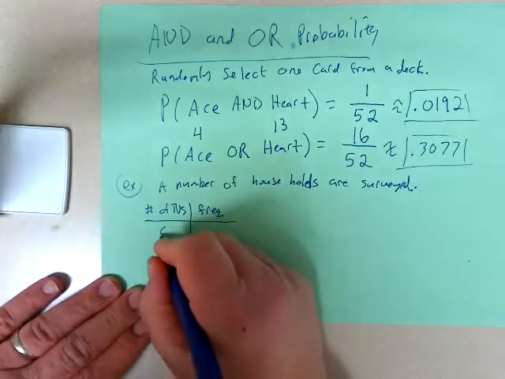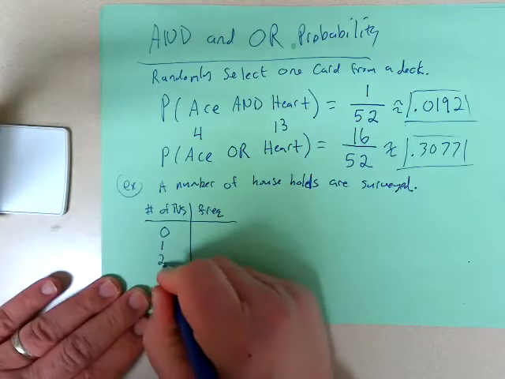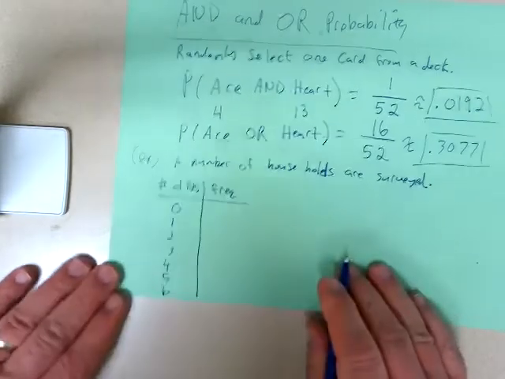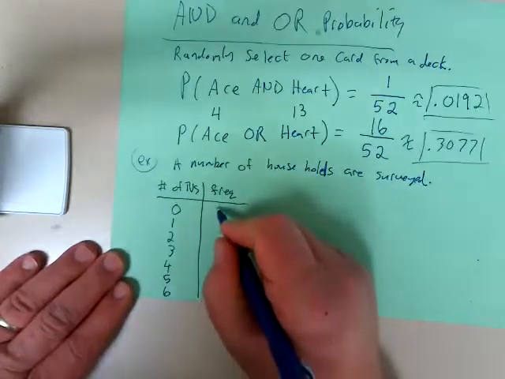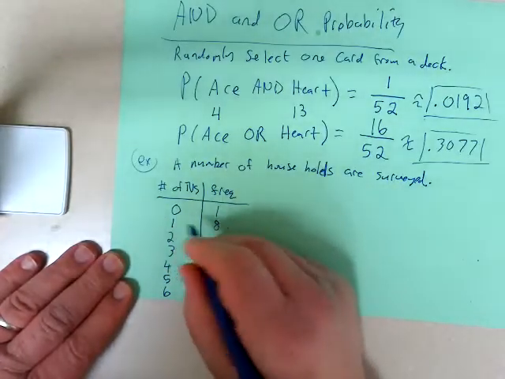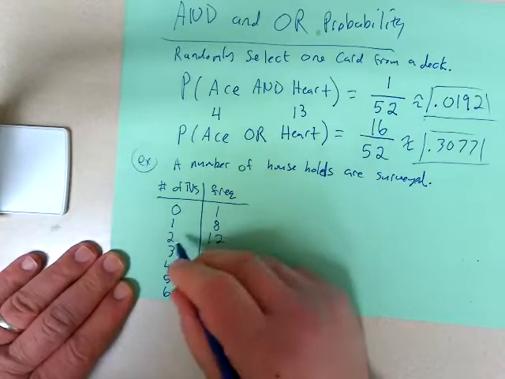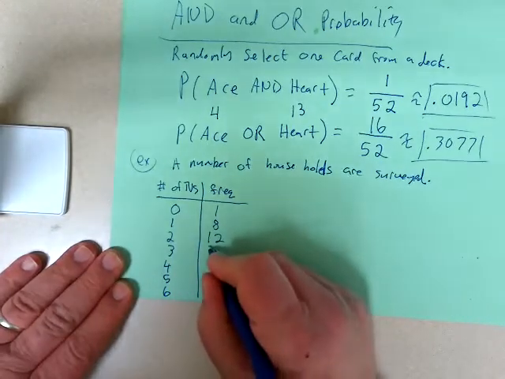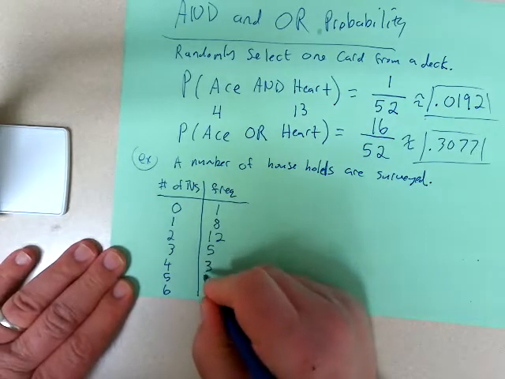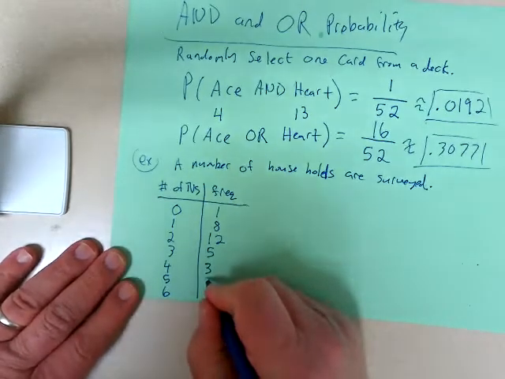Okay, so in other words, these would be, let's say, the possible values for how many TVs they had. So let's say there was one household that had no TVs. We'll say 8 households had 1. 12 households had 2. Let's say 5 households had 3, and then we'll say there were 3 households with 4.